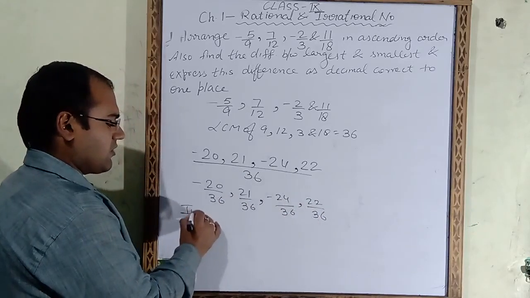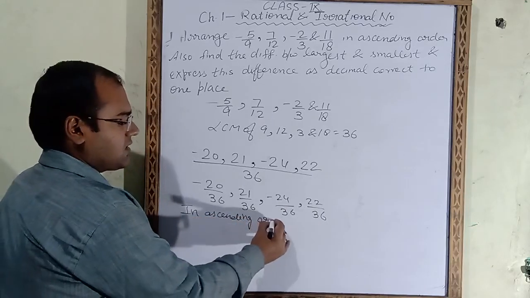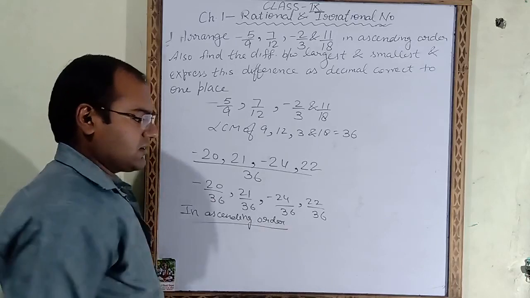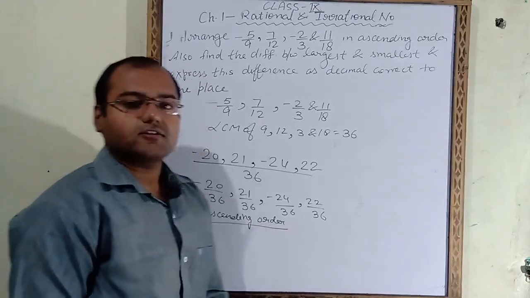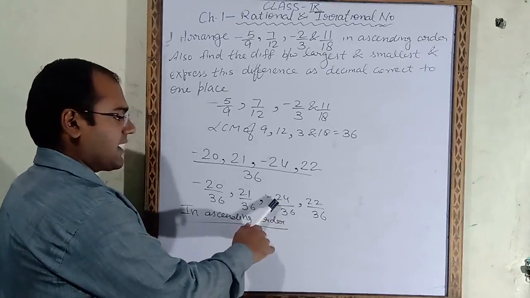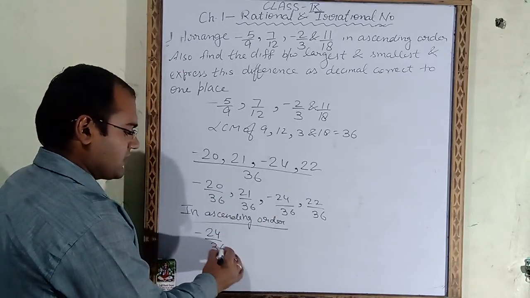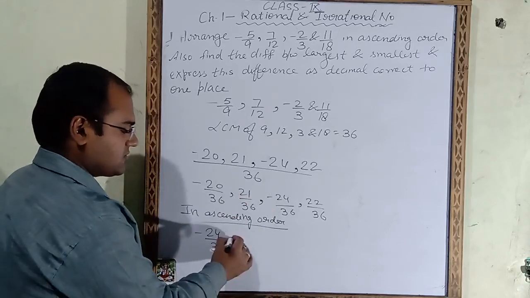Now we have to write in ascending order. So in ascending order we write the smallest number first. Which one is the smallest among these? Minus 24 upon 36 is the smallest.